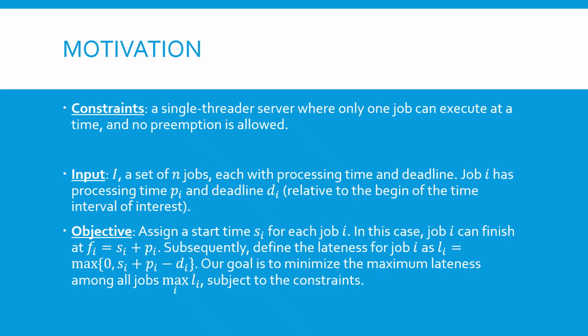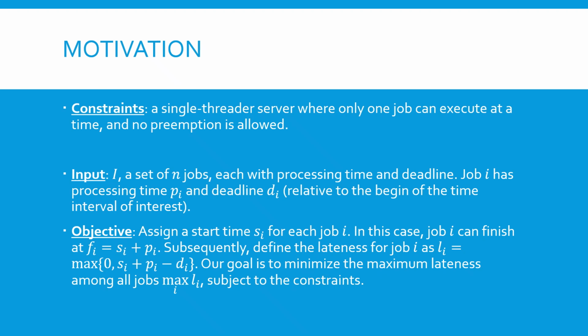The goal is to determine the execution order of the jobs. In other words, we assign a start time Si to each job i. In this case, job i finishes at time Fi equals Si plus Pi.